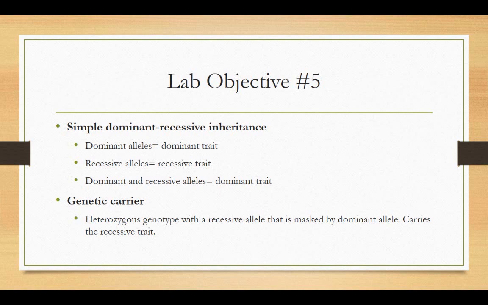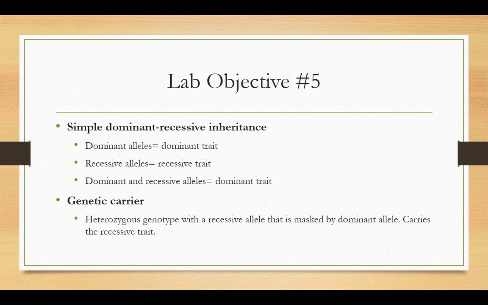But if we have a dominant and a recessive, then the dominant is going to override the recessive, and therefore it would be a dominant trait. That's not always going to be the case as we get into this a little bit more. There's, of course, a lot to this, but if we were just looking at very simple dominant recessive inheritance, it would be very straightforward. But, of course, we're going to have some gray area, if you will, and you'll see that in just a moment.